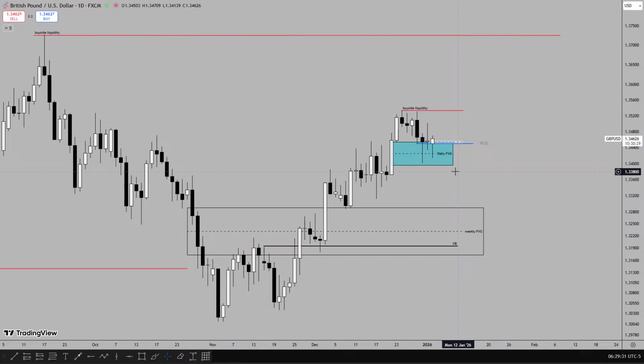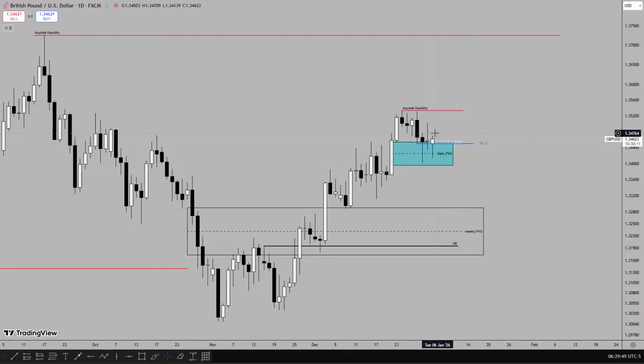If the dollar index were to fail in the idea of price trading higher and GBP USD kept trading higher to run the buy side liquidity and the dollar index kept trading lower, then I will be looking at price trading higher on GBP USD.